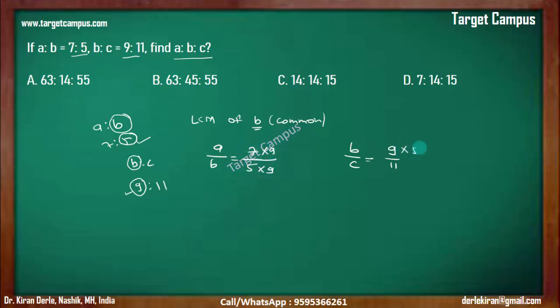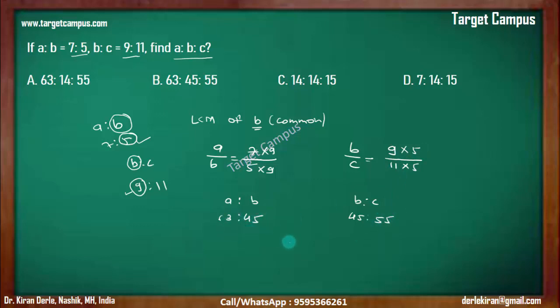This has to get multiplied by 5, so this would also get multiplied by 5. Now what we have got is a is to b is 7 into 9 is 63 as to 45, and b is to c is 45: 9 into 5 is 45 and 11 into 5 is 55.